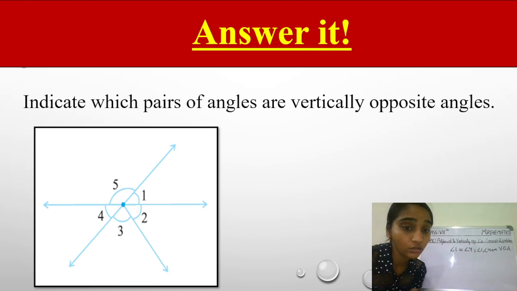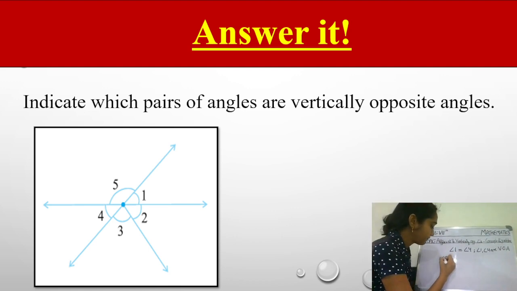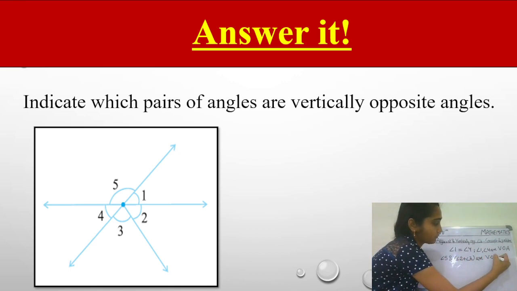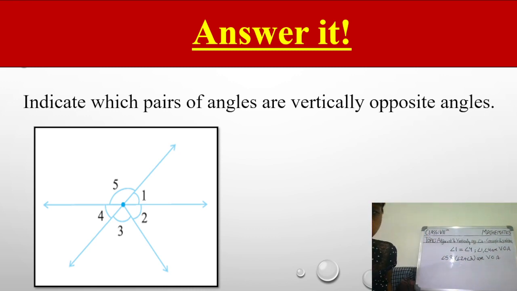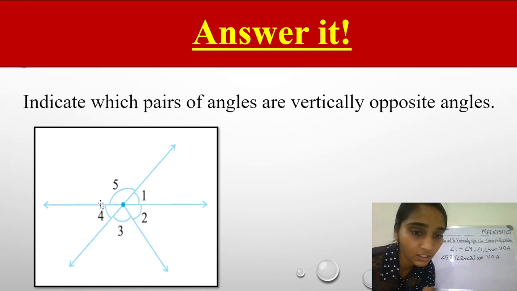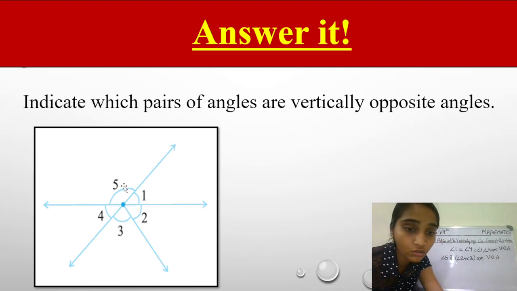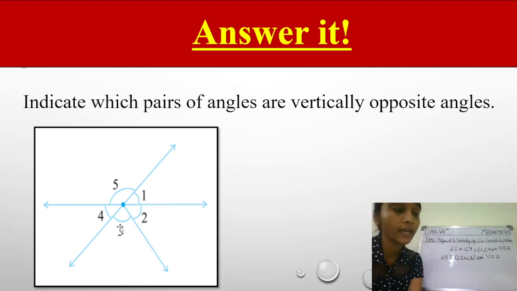No, not 3 also. Yes, it will be equal to the sum of angle 2 and angle 3. Then we can say that angle 5 and the sum of angle 2 and angle 3 are the vertically opposite angles. Yes, we can say there is a common vertex over here and two lines which are intersecting. So here angle 2 plus 3 together will be equal to angle 5, that is the vertically opposite angle.